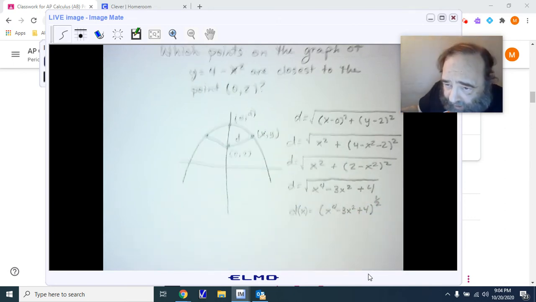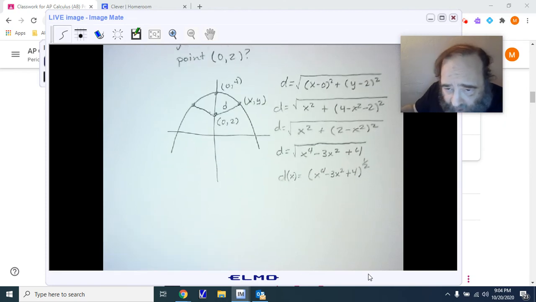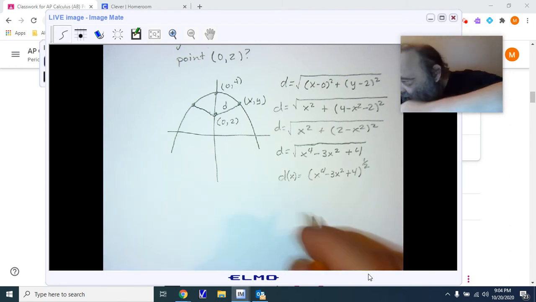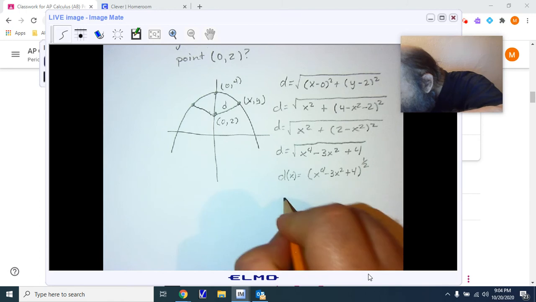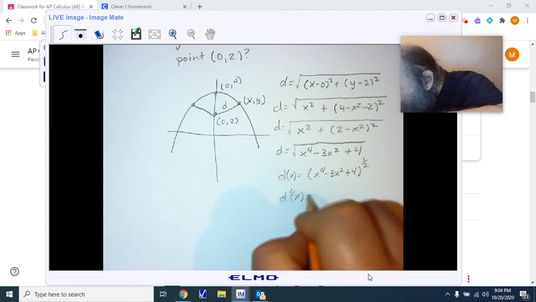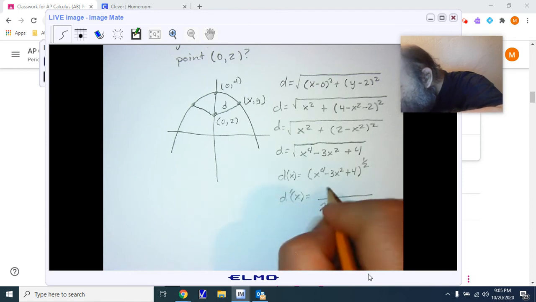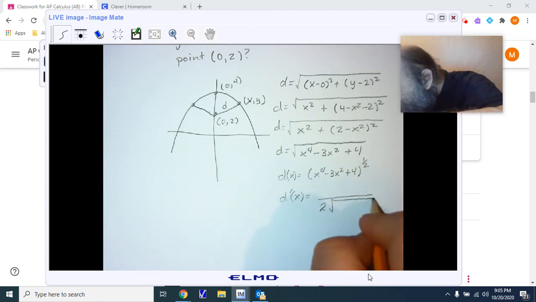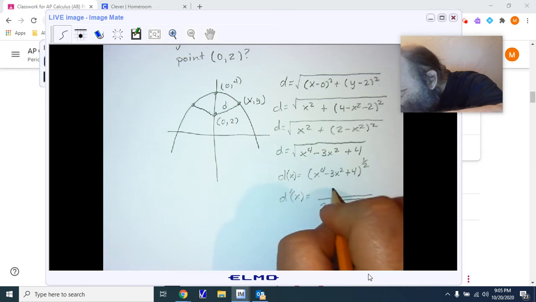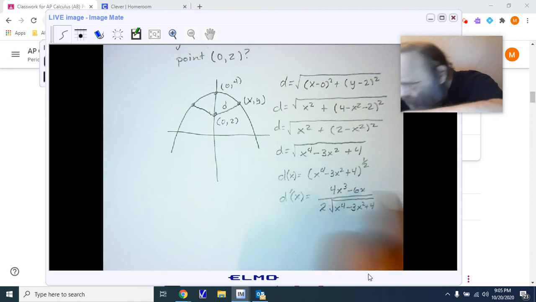Now I'm going to show you why, but from now on, I don't want you to do this. I want you to take just the derivative of the inside. Because when we take the derivative of this, the power moves in front, the square root drops to the denominator, and the new derivative of the inside piece is up top.